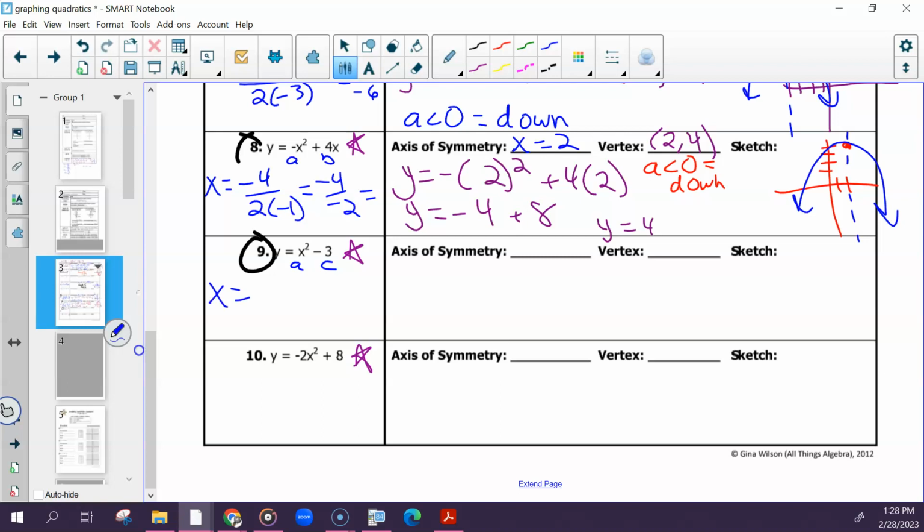So when you set this up, it would be negative 0 over 2 times 1, which is 0. So anytime you don't have a B, your axis of symmetry is going to be 0. And then if we put 0 back in, it is just negative 3.